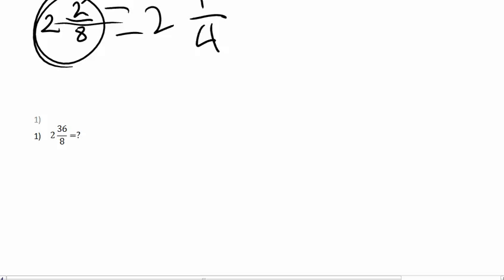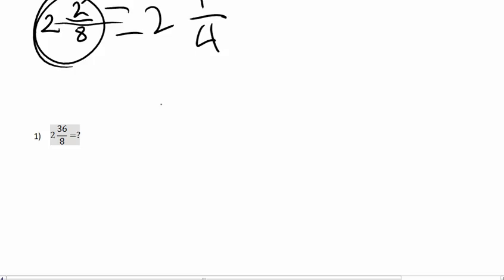Okay, last one. So we're going to do this one. And like we did before, you can't do that, right? I mean, this number is bigger than that number. So we're just going to make this a better number. So we're going to do 8 times 4, which is 32.